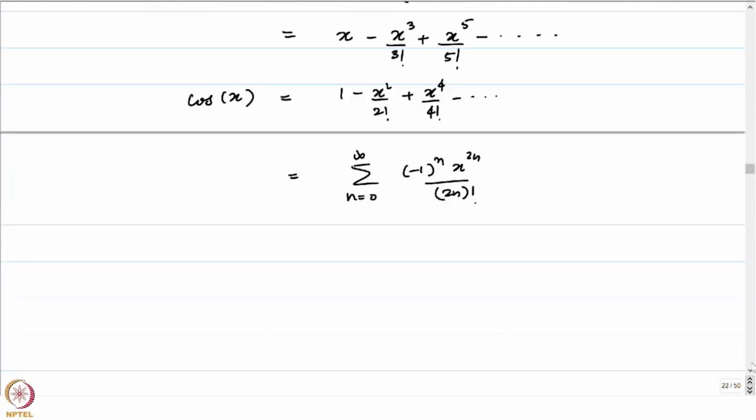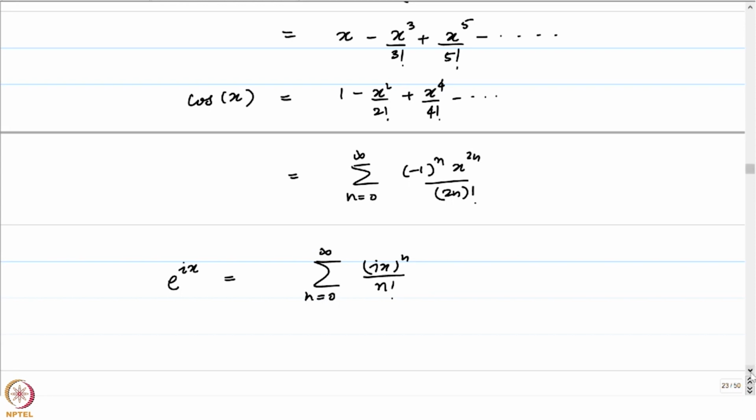Now let's look at the exponential function at the point ix. So e to the power ix is summation ix to the power n by n factorial, where n goes from 0 to infinity.